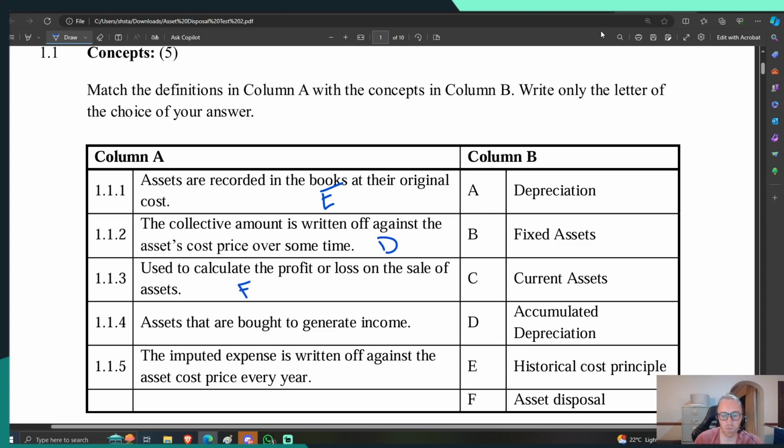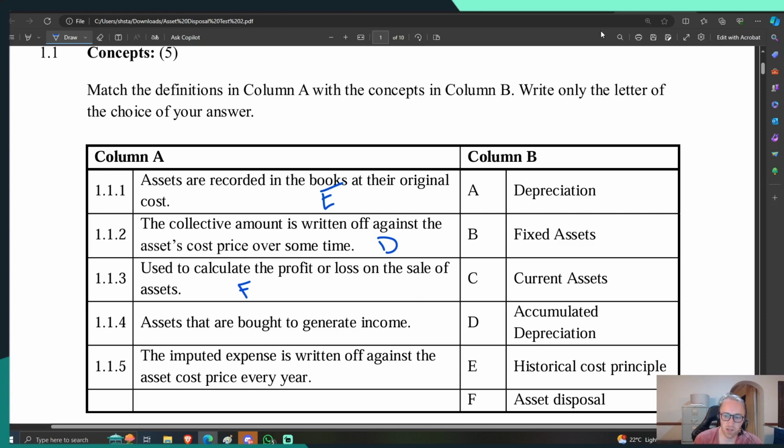Assets that are bought to generate income. That will be fixed assets. Oh, wait. I don't know. Fixed assets or current assets? I mean, fixed assets, we buy them in order to help us generate an income, such as trucks and so on. But current assets we buy sometimes to sell them. For example, some current assets are trading stock.